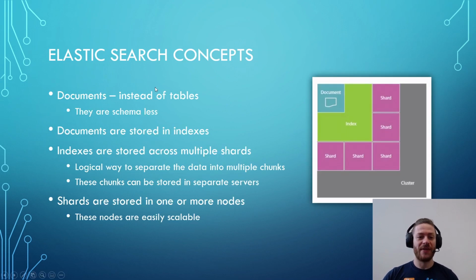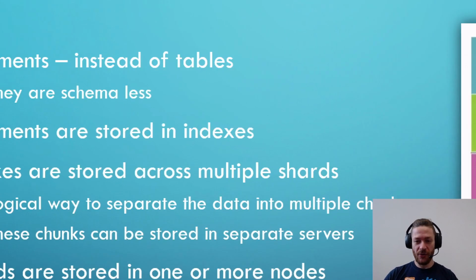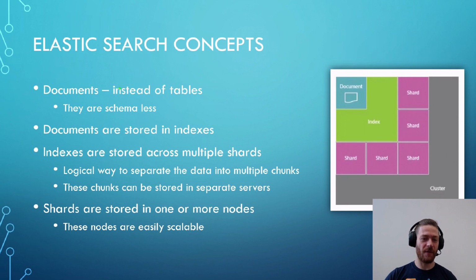So let's start with the Elasticsearch concepts, because we now know what Elasticsearch is and what it's useful for, but we're not quite sure what the main concepts behind the database are. And these definitions here are not going to change in the future. So this is the fundamental, the essential part of Elasticsearch. For Elasticsearch, you have the following terms.